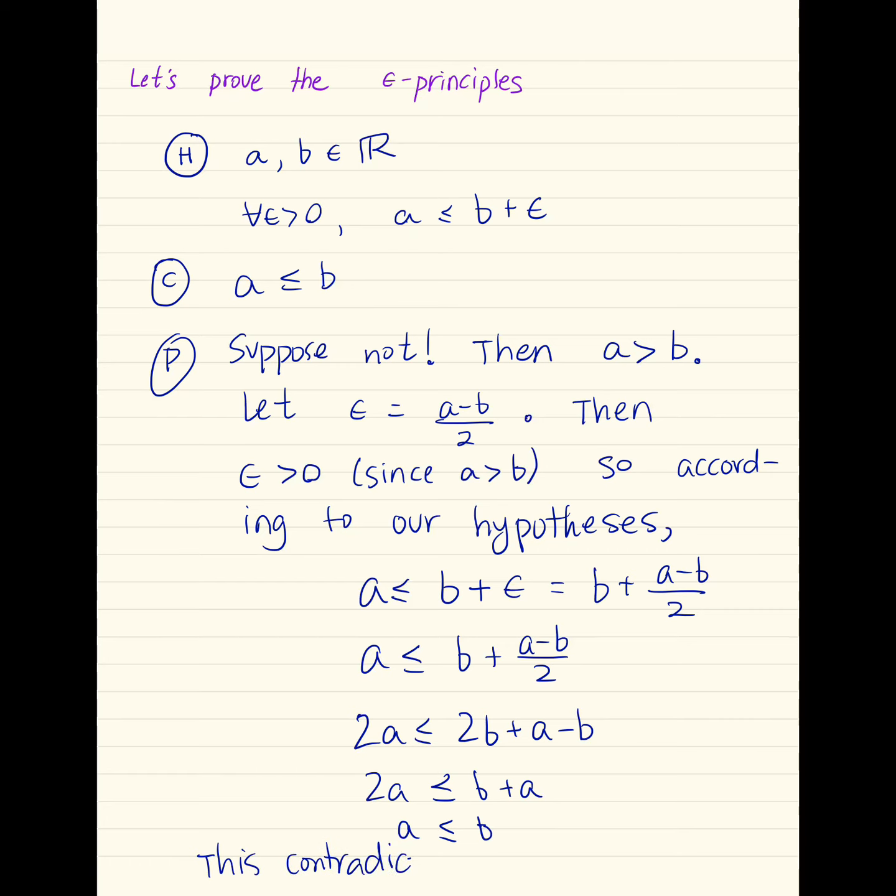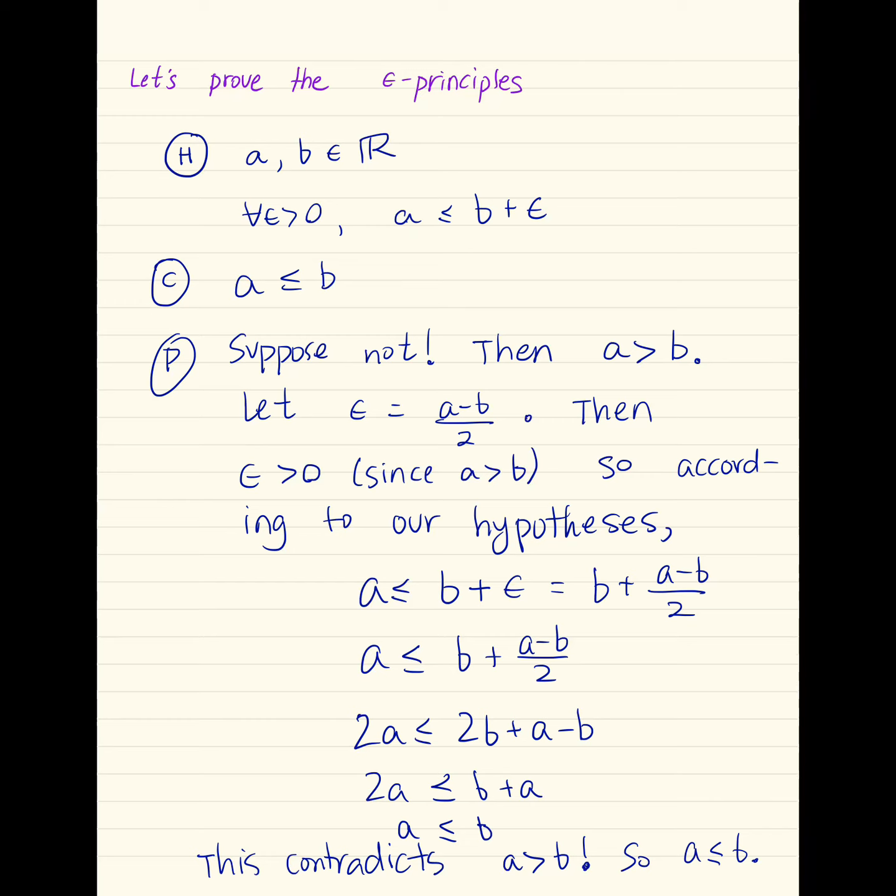So this contradicts A greater than B. So we're done with our proof, and we can conclude that A must be less than or equal to B. Does that make sense?